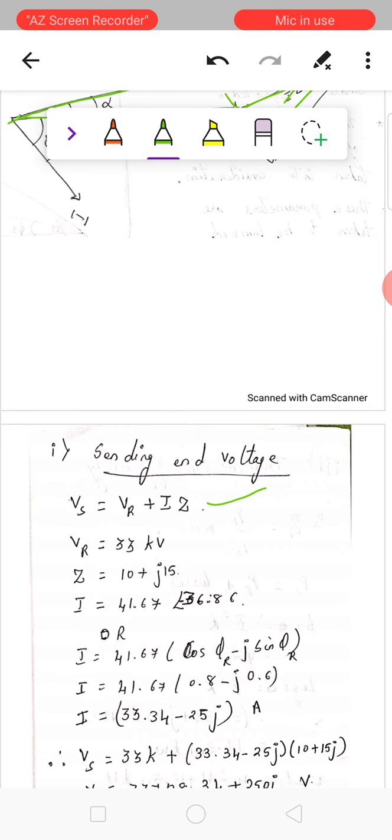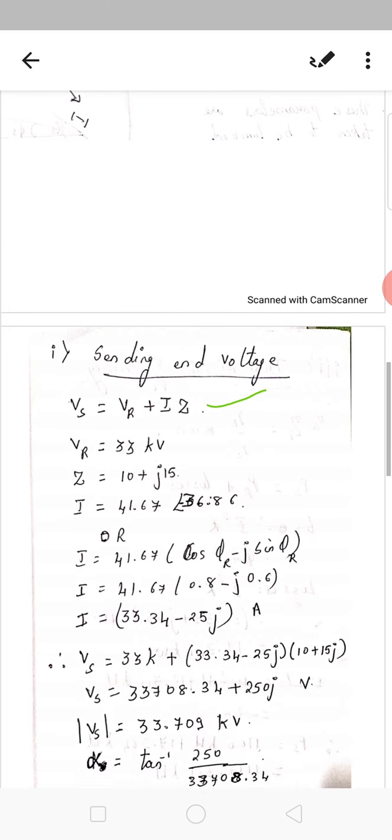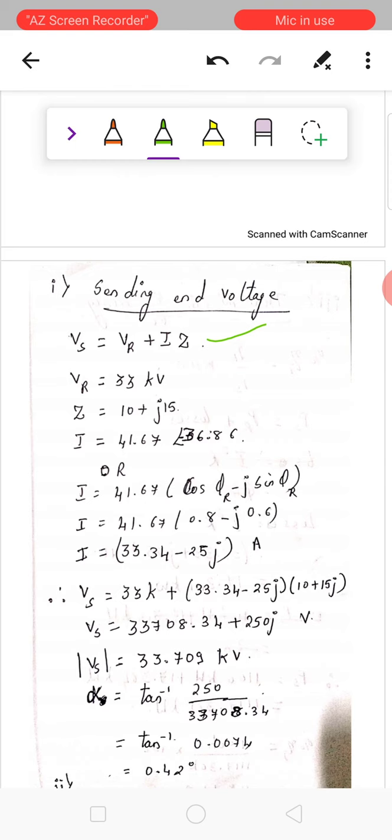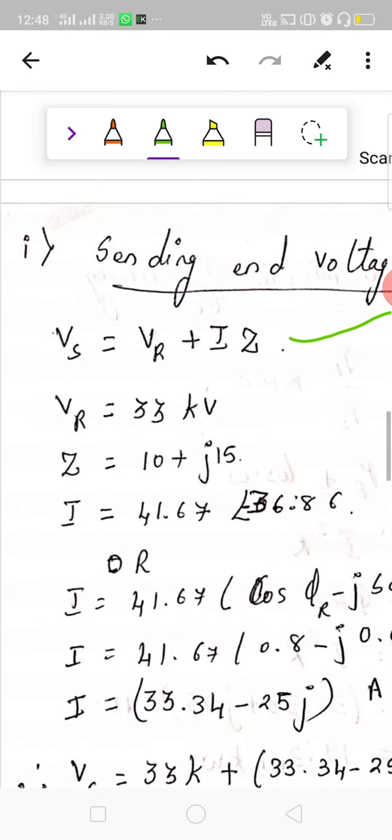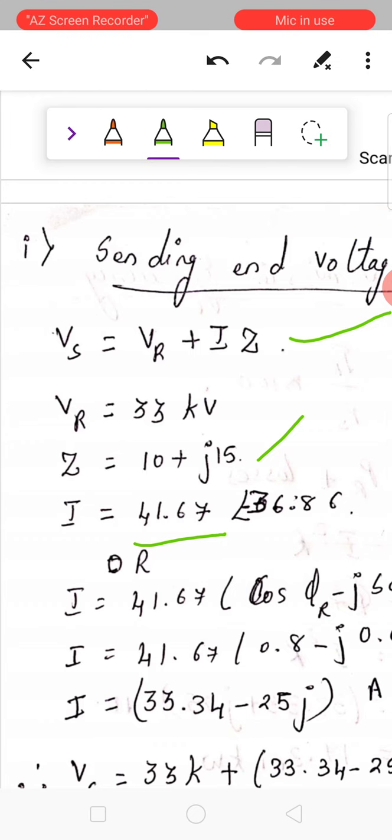So Vr is given to be 33 kilovolts, impedance is given to be 10 plus j15. Current we had calculated to be 41.67, and the power factor angle is 36.86. It is said that the power factor is lagging, so I have taken a minus sign here.